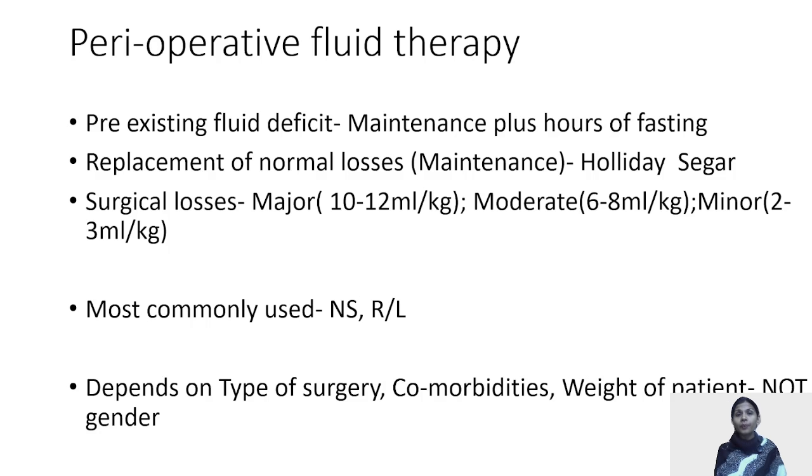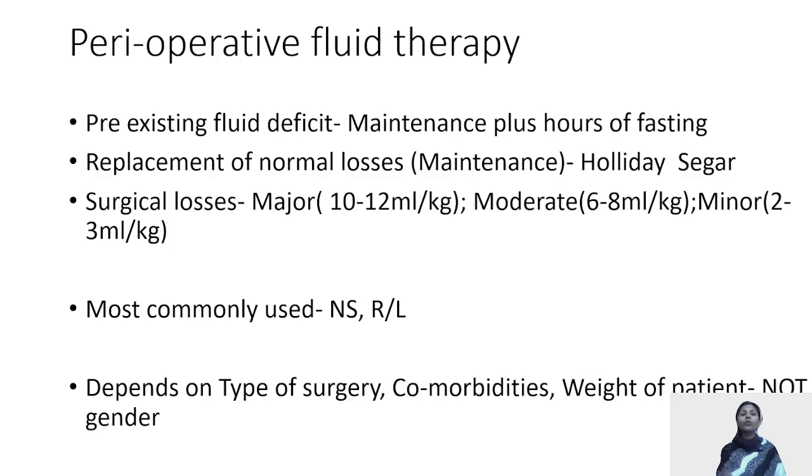Whatever you get, now you have to divide this: the first hour is going to get half of this, the second hour is going to get one half of the remaining of the fluid, and so will the third hour. This is the fluid deficit that you have to calculate by multiplying the number of hours the patient has fasted by the weight of the patient.